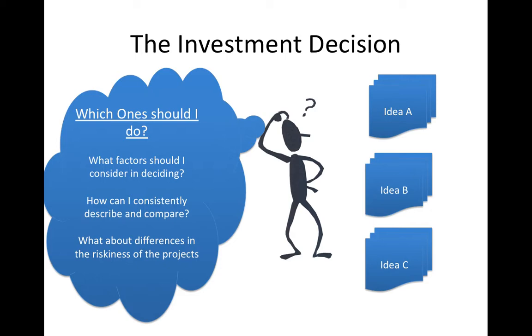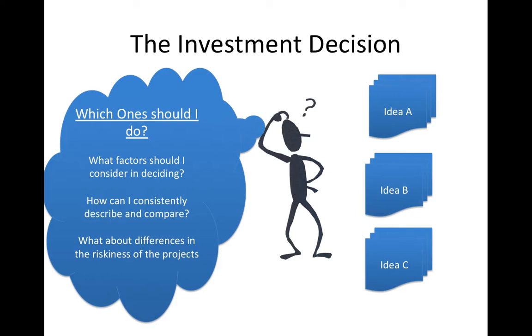And then secondly, if they are, you have to figure out which ones are worth investing in and how much money you have to invest, and figure out what you can afford to do. So there's whether we should do anything, whether any of them are any good, and then assuming some of them are good, we potentially have to pick and choose between them if we don't have enough money.